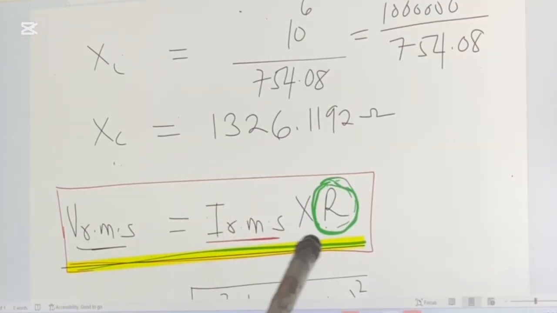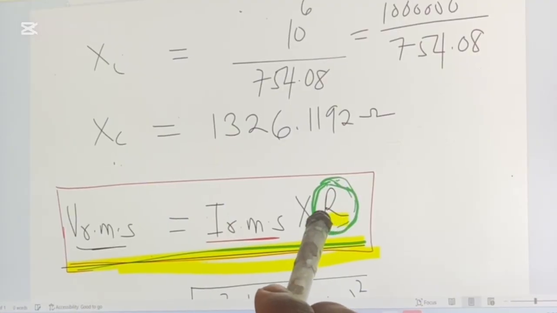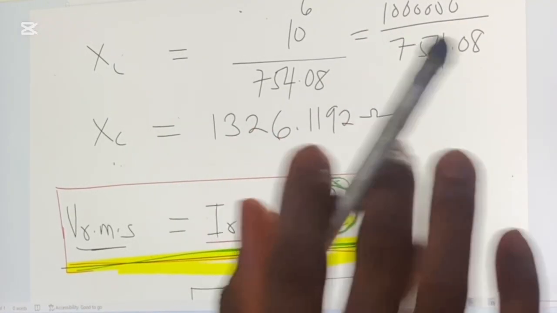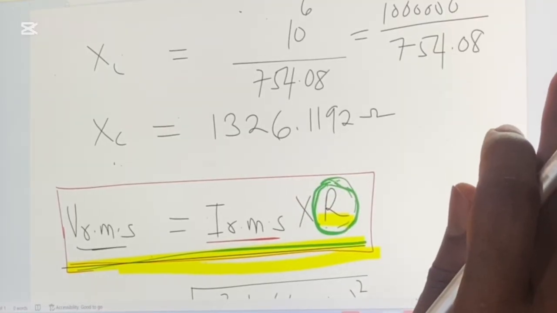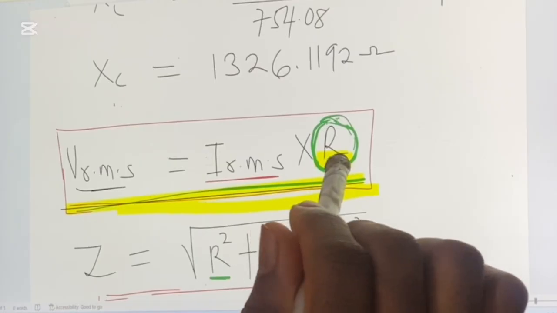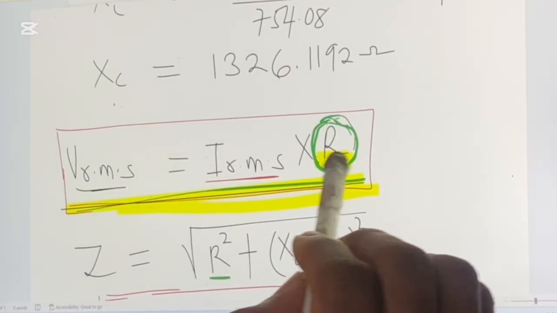But there is something you have to understand in this formula about resistance. This resistance changes depending on what is given to us in the equation. So if only resistance is given to us in the equation, we use only resistance. But if a capacitor is given to us, we use capacitive reactance as the resistance.